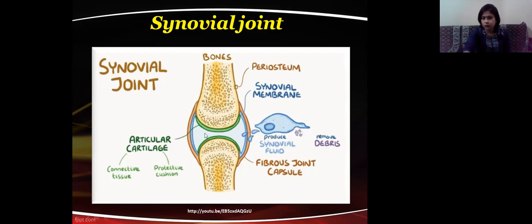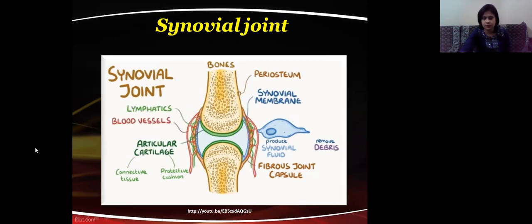And this synovial fluid is a viscous, jelly-like fluid which lubricates the articular surfaces, the articular cartilage. Along with the cells, the synovial membrane also contains lymphatics and blood vessels. So this is all about a normal synovial joint.